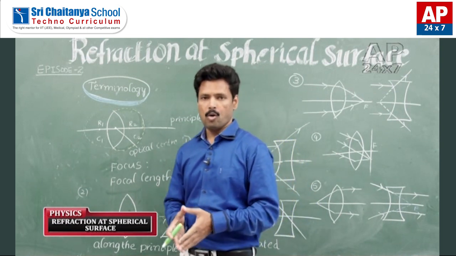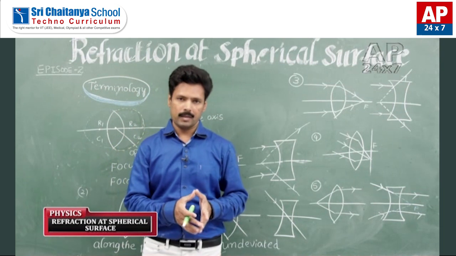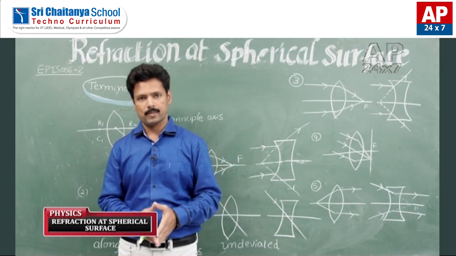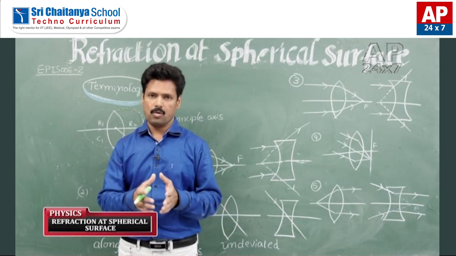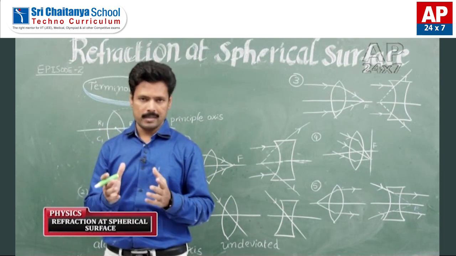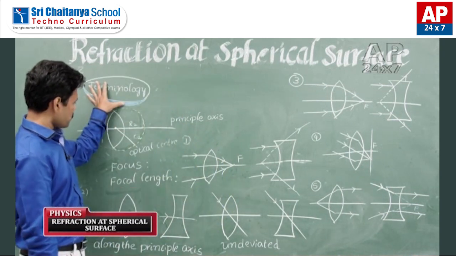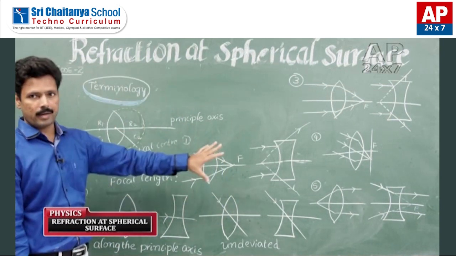Then we took the object on the concave side of the spherical surface, and again we took two cases, with the same kind of results. And then we discussed what a lens is and the types of lenses, and then we discussed the terminology and important ray diagrams.